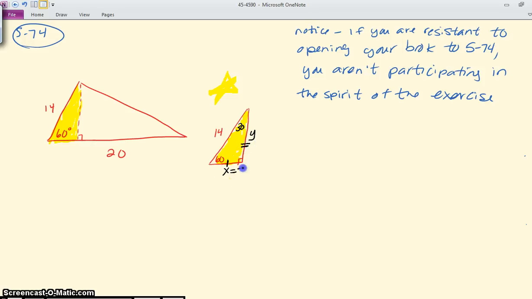So we know, because this 30, 60, 90 is an exact copy of 1/2 of a 60, 60, 60, where all three sides have a length of 14, that this x represents half of one of those sides of 14, so this x is 7. We can use the Pythagorean theorem, or we can use the shortcut to show that y equals 7 times the square root of 3.